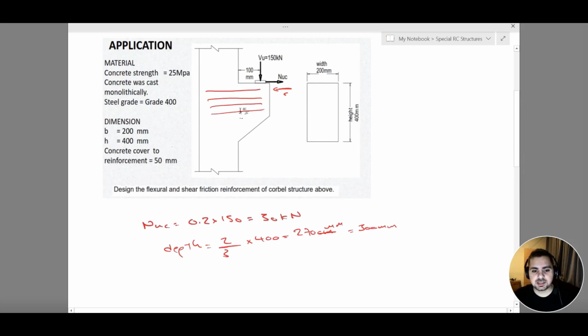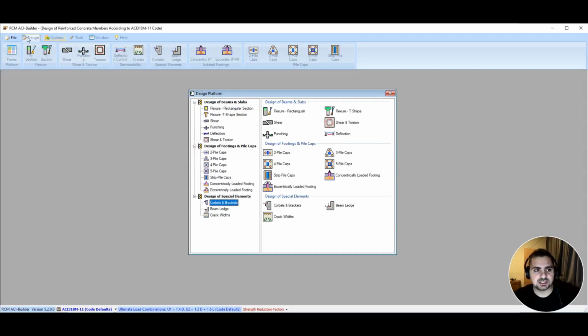So now we basically have everything that is required. We know our NUC, the depth where I'm going to distribute my shear reinforcement, my F prime C, my Fy, VU, and my cover. So we can go to our software, which is RCM ACI Builder. Now this software is very simple and easy to use, and it can be used to design special elements such as corbels and beam ledges.